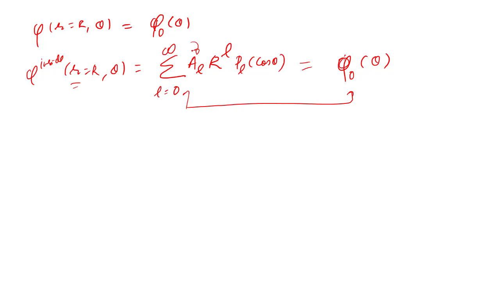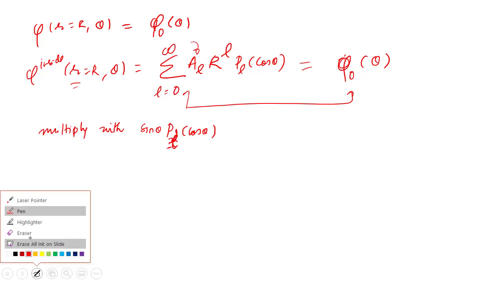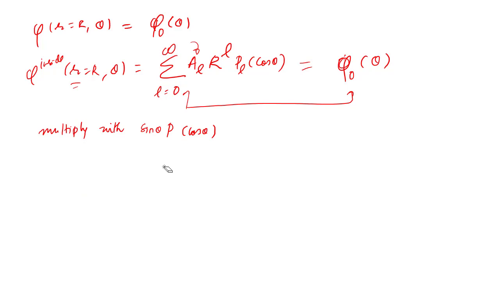All that we need to do is multiply this entire equation with sine theta P_L prime of cosine theta. I don't want you to get confused with this m with respect to the azimuthal part, so we'll just call it L prime. So we multiply this entire equation with sine theta P_L prime cosine theta.